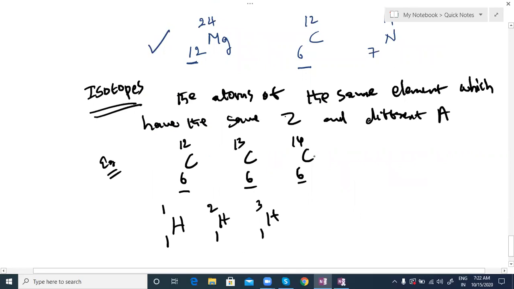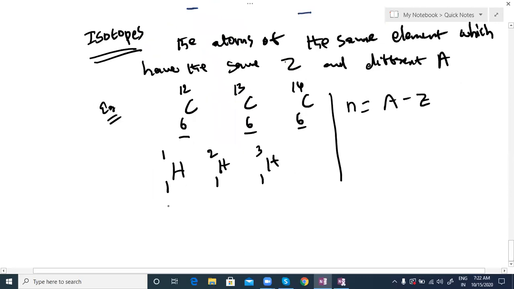Shall we calculate the number of neutrons? Number of neutrons equals mass number minus atomic number. Let's calculate with respect to hydrogen first. This is called protium, this is deuterium, this is tritium.